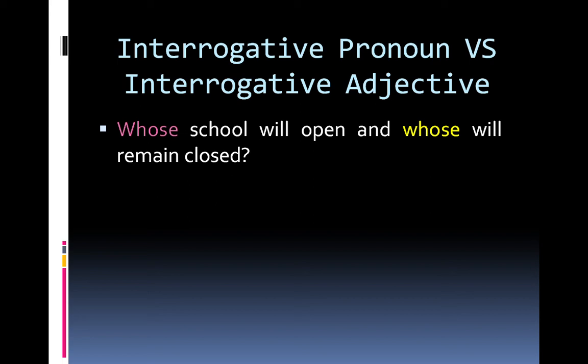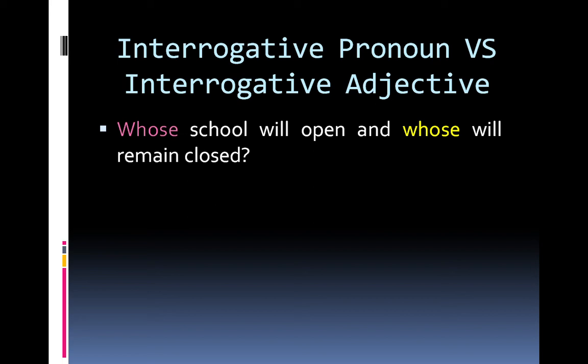It has been omitted. We have learned this concept in our previous lessons also, that in some of the types of pronouns, whenever the pronoun is used with a noun, it becomes an adjective, and whenever it takes the place of that noun, whenever the noun is omitted but understood, it becomes a pronoun.